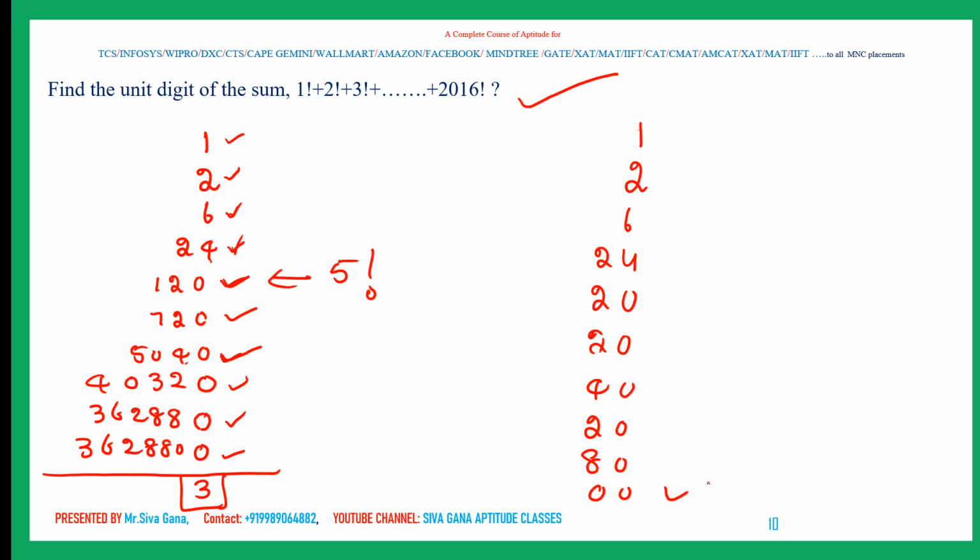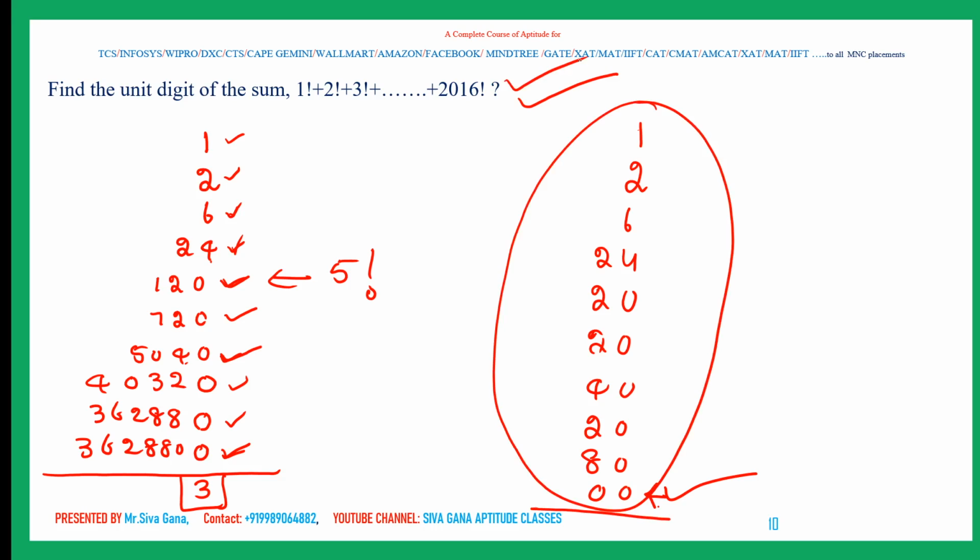So I am writing up to 10 factorial. 10 factorial last 2 digits are 0. Next, 11 factorial last 2 digits are 2 zeros. 13 factorial last 2 digits are zeros, right? From here onwards, all the last 2 digits are 0, 0, 0, 0, 0, 0 like that. So if you add this, you will get the last 2 digits of this result.